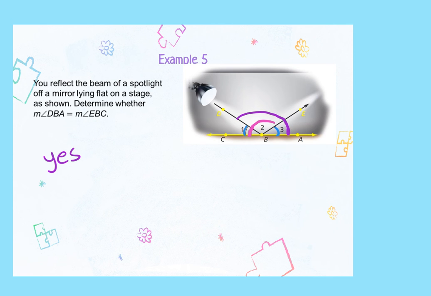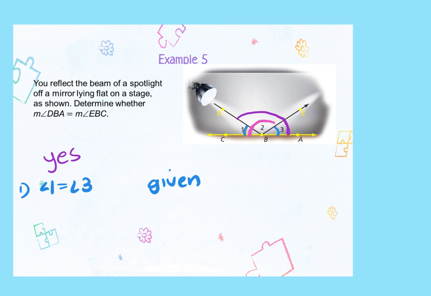So if you had to actually work through it, this is what a geometric proof would look like. You would start with the given information, and the only thing initially given is angle 1 equals angle 3, because they are marked as congruent in the picture since they are reflected.